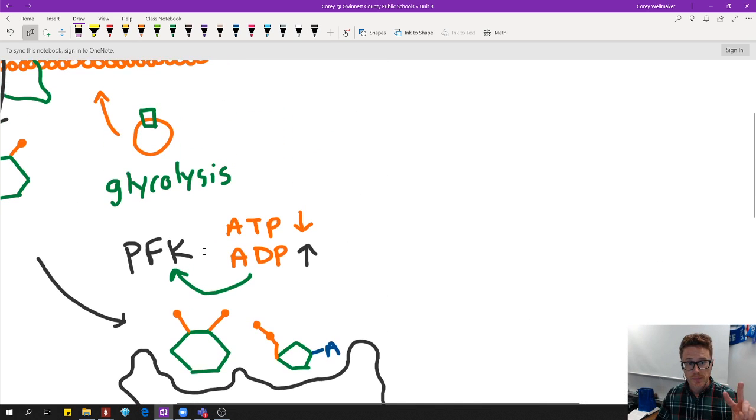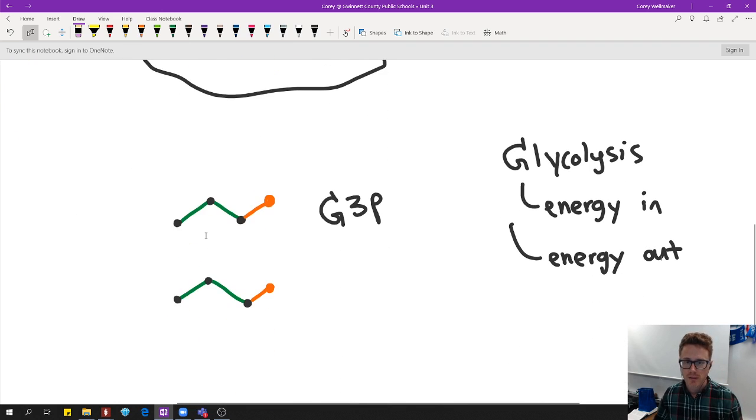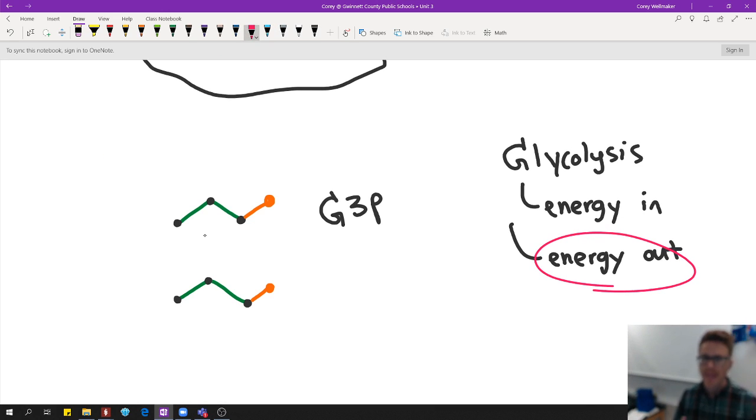That is the cell spending 2 ATP molecules to get to this point. But once the cell gets to this point, the production of G3P, we have now entered the energy extraction or the energy coming out phase of glycolysis. And so that's what we're going to look at in the next video.